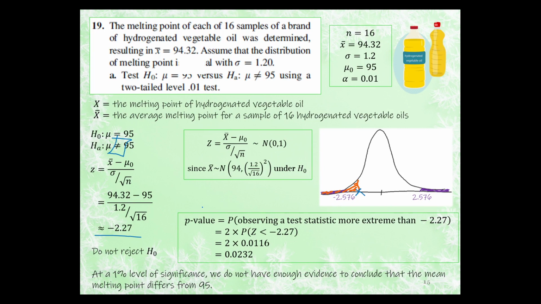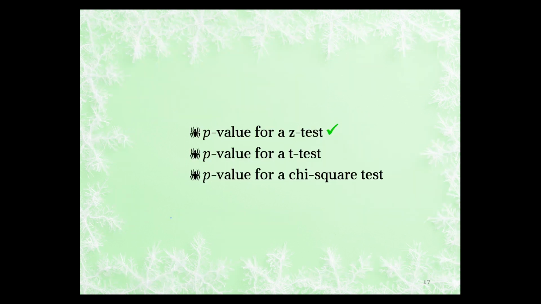Now, if we look at our conclusion, or our decision here, this test was done at a 1% level of significance, and you can see our p-value is larger than our significance level, which means that we don't reject the null hypothesis, so we're still making the same decision. And that is pretty much it for the first type of test.